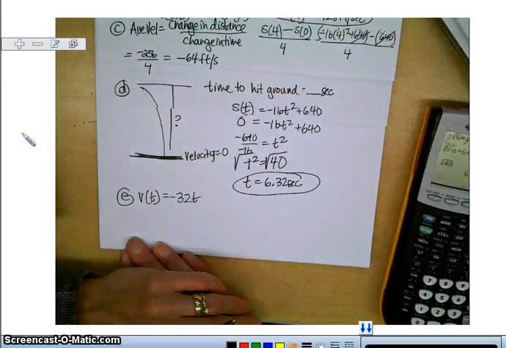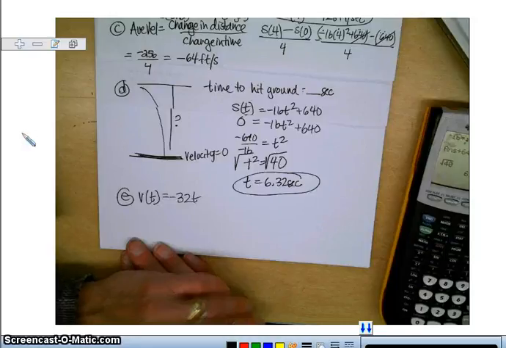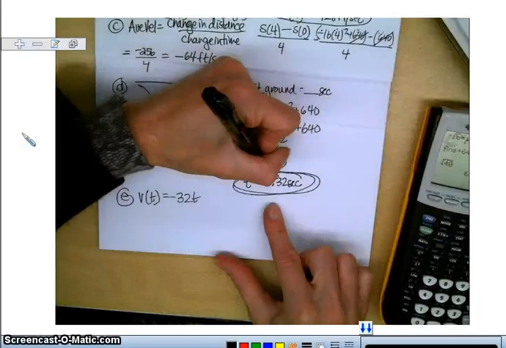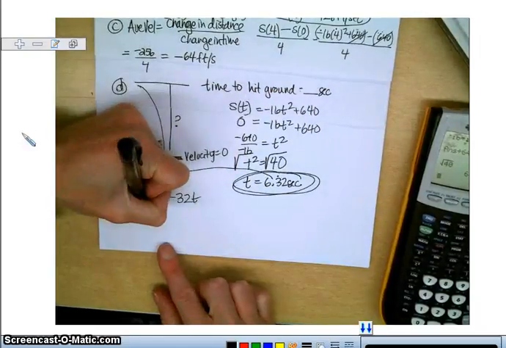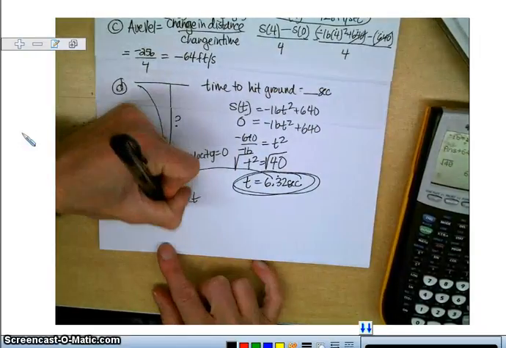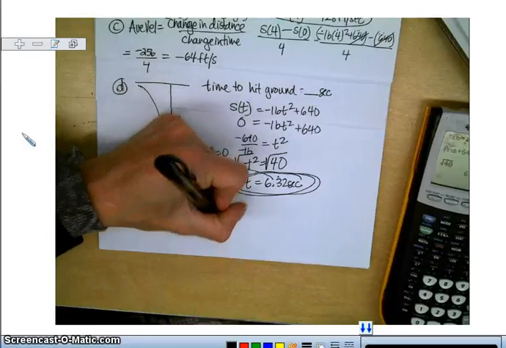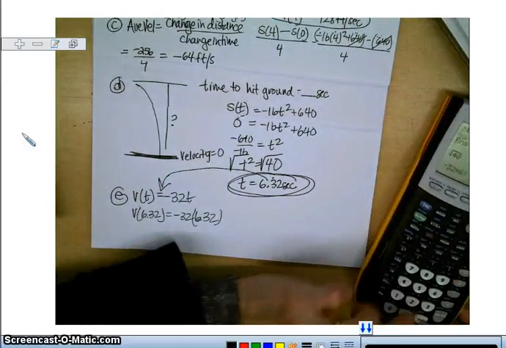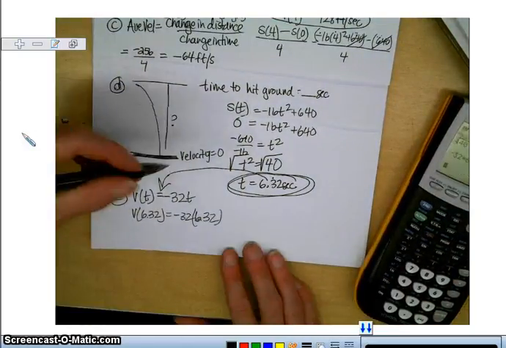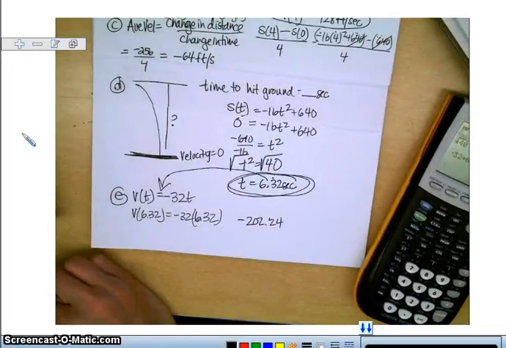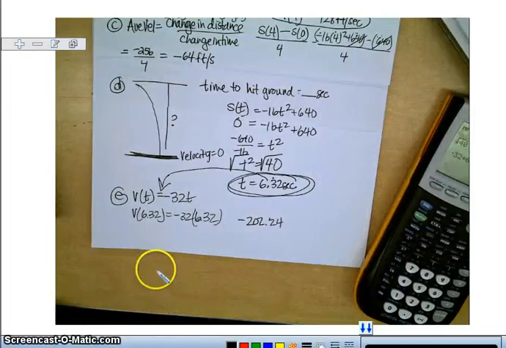So what do I need to put into the velocity function to find how fast it's going? 6.32. How long does it take to hit the ground? 6.32 seconds. Put it in there, so v of 6.32. So negative 32 times 6.32 is negative 202.24. What's the label? Feet per second.